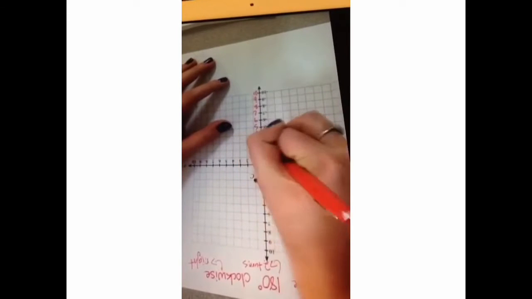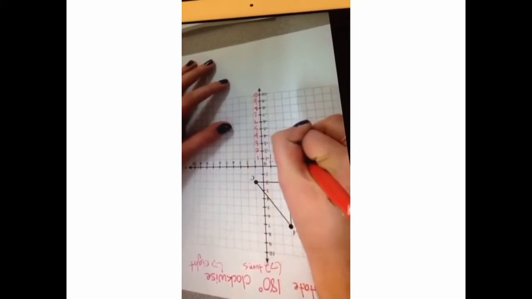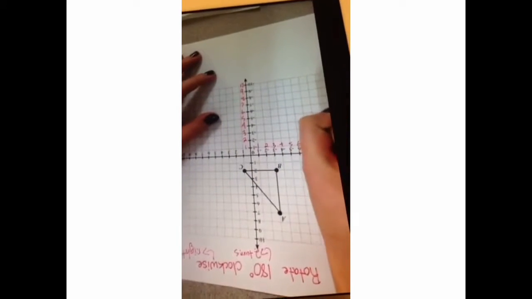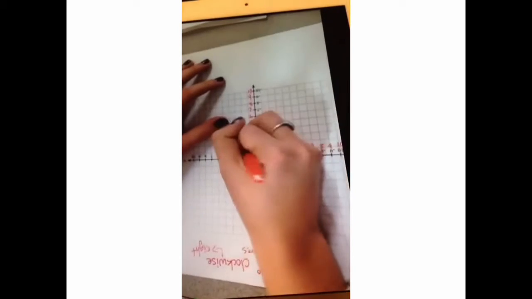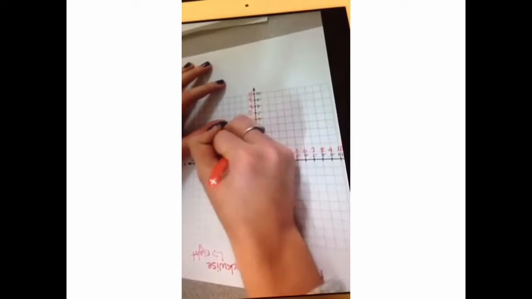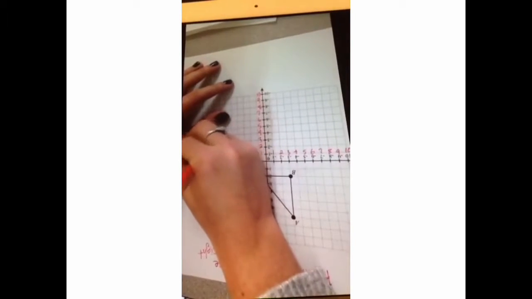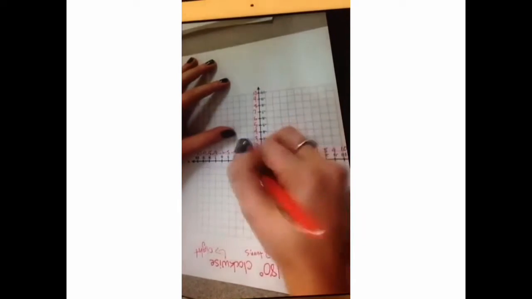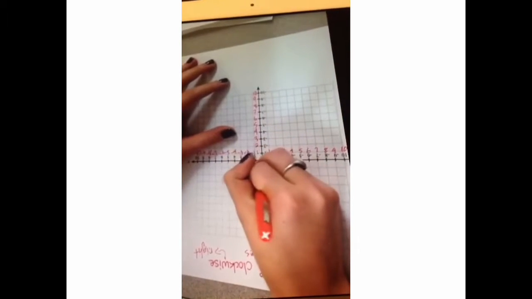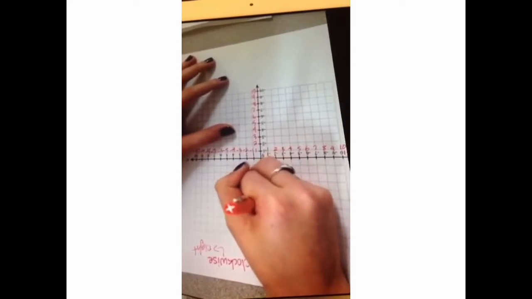So this becomes 1, 2, 3, 4, 5, 6, 7. And you see how I'm just relabeling my graph. That's all I'm doing. Nothing super crazy. Okay, and then -1, -2, -3, -4, -5, -6.